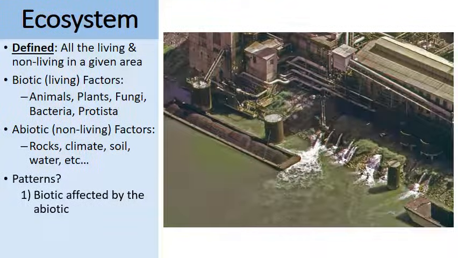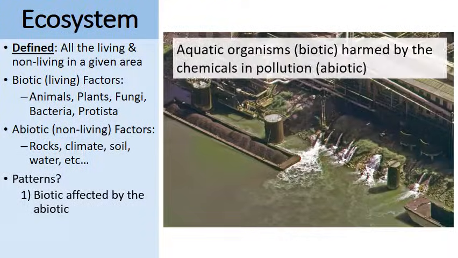Another example would be what we see in this picture right here. The aquatic organisms that live in this waterway, the fish, for instance, maybe some amphibians, they would be harmed by any of the chemicals in the pollution given off by this factory here. And so chemicals and pollution, those are abiotic non-living factors, but they can have a big impact on the quality of life.